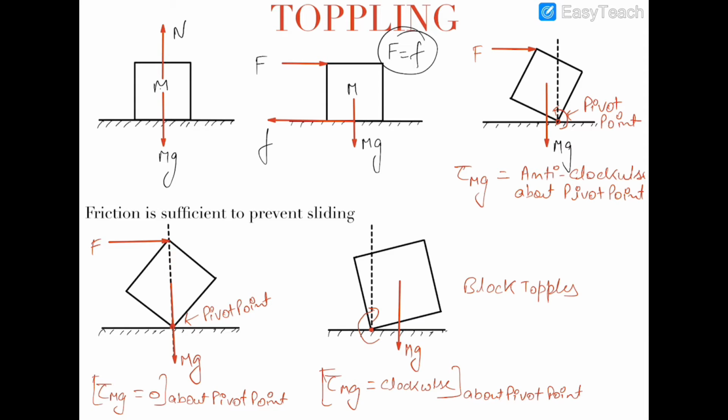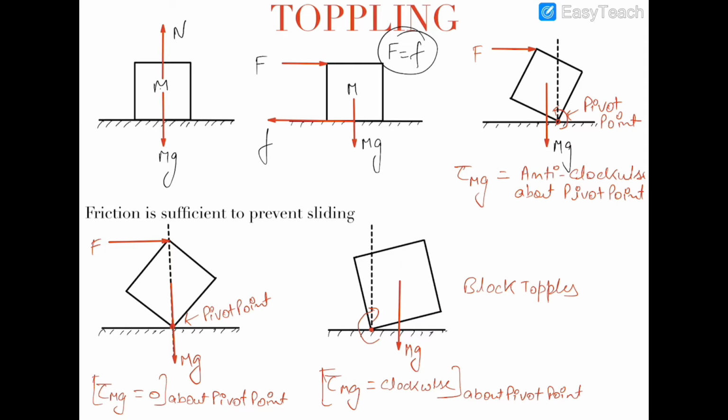So in this position, mg would be acting in the downward direction along this line, passing through this pivot point. Now if after this point I push this block slightly, then the torque of mg would be acting in the clockwise sense, and that torque alone is responsible for toppling this object.